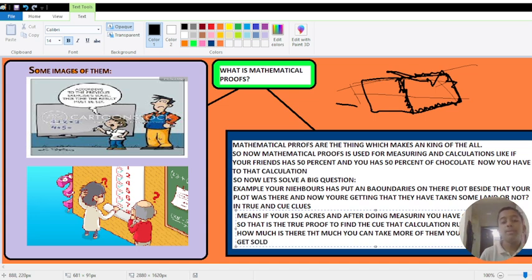This is an example rule, and after finding the rule you have to find a clue, meaning that person has taken the boundary. First you have to ask their acres.